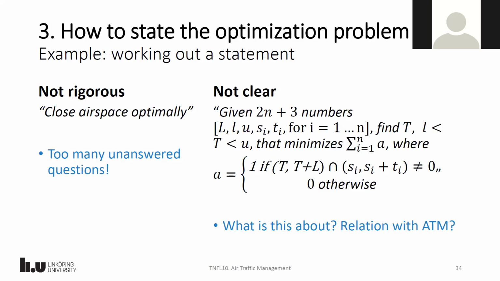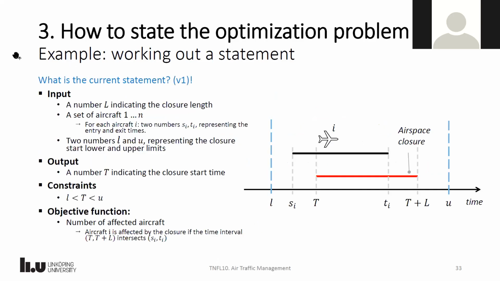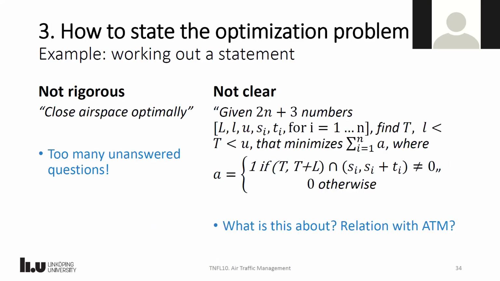This has nothing to do with ATM. We don't know what this is about. It's just a problem that means nothing. So we have to give some relations to ATM and give something that is understandable and rigorous. So again, not rigorous, too many unanswered questions, and not clear. We need clarity in this statement over here.